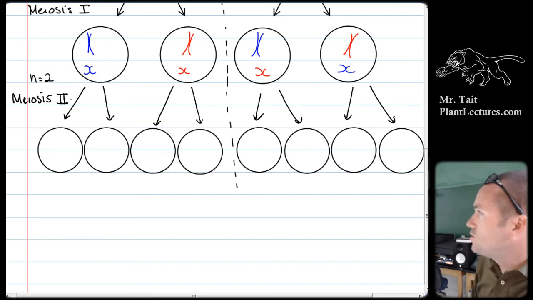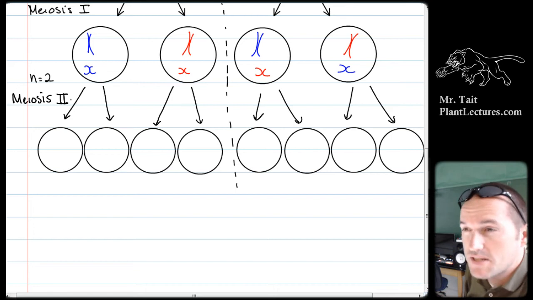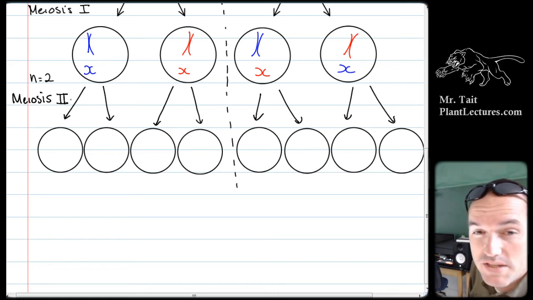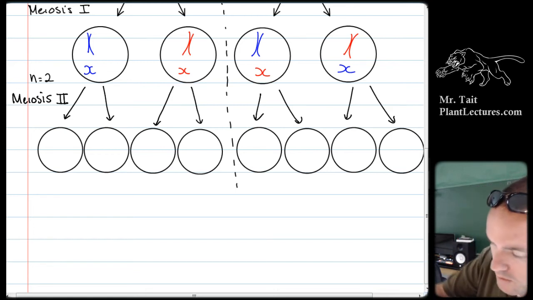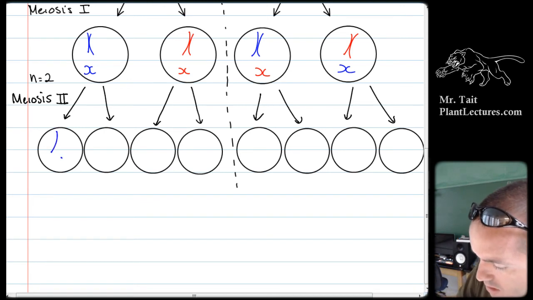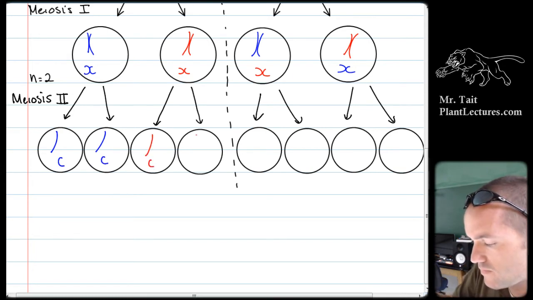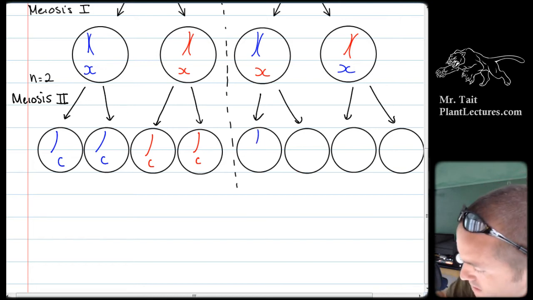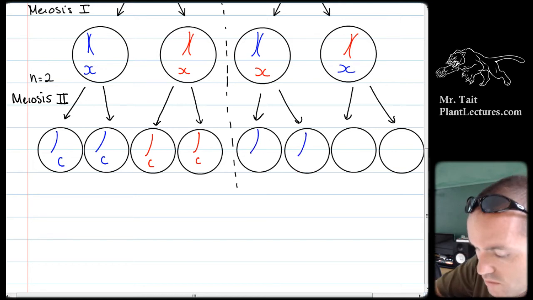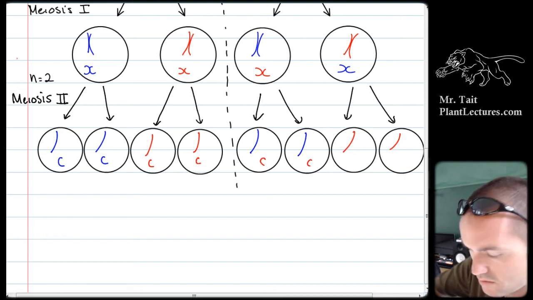And in meiosis 2, that's the one that's just like mitosis, we said. And so that's the one that's going to pull the sister chromatids apart. Okay, so in this one, we're going to end up with long and short of blue, and this one long and short of blue. That one, both reds. This one's mixed, so the long ones are blue, and the short ones are red. And this one, the long one is red, and the short ones are blue.